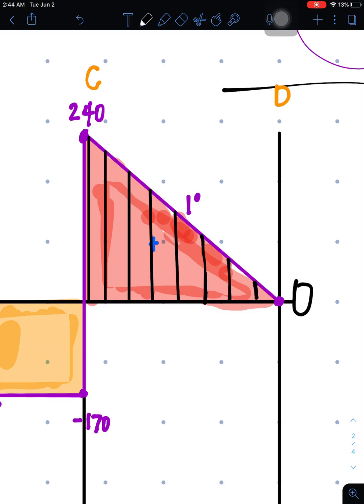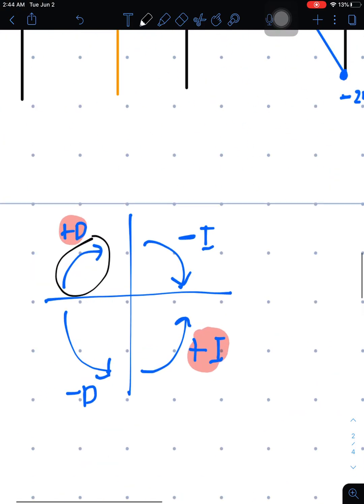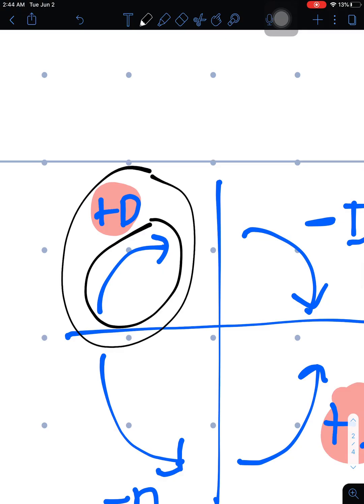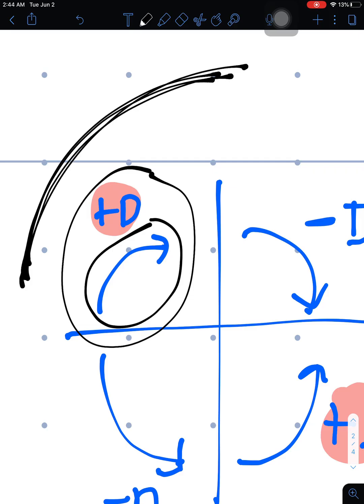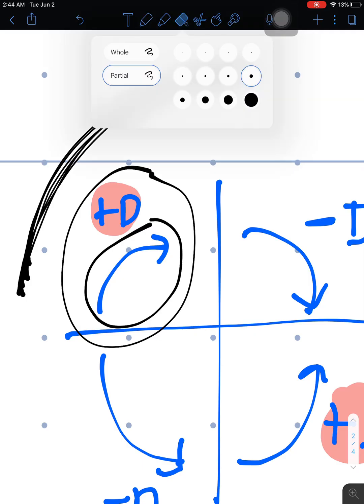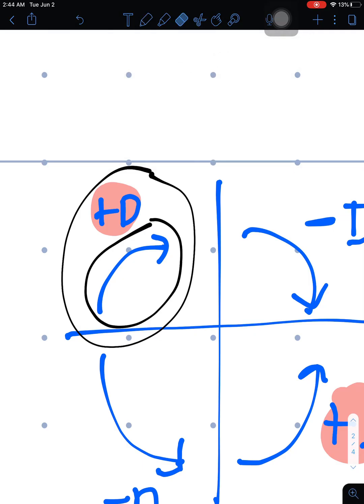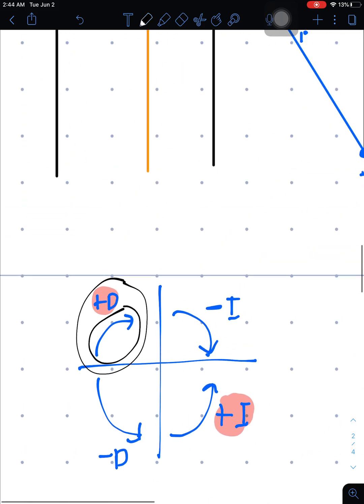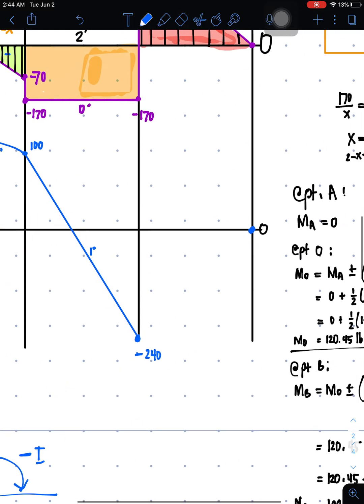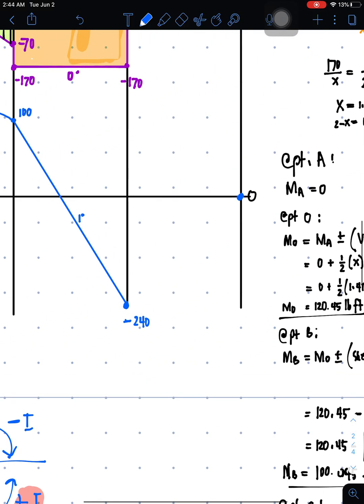So this is positive decreasing. So how do we plot it? From left to right, like this, positive decreasing. That's the reasoning. So we plot it as positive decreasing.